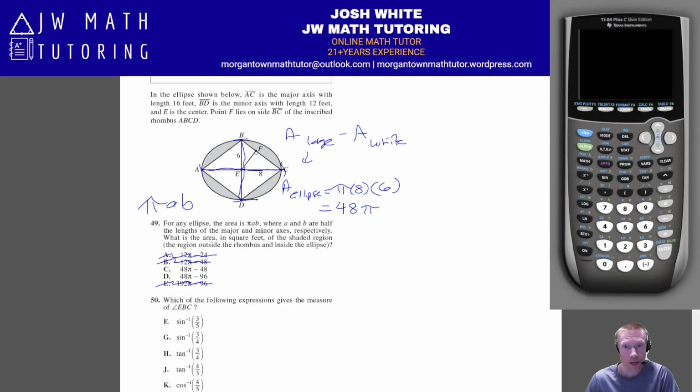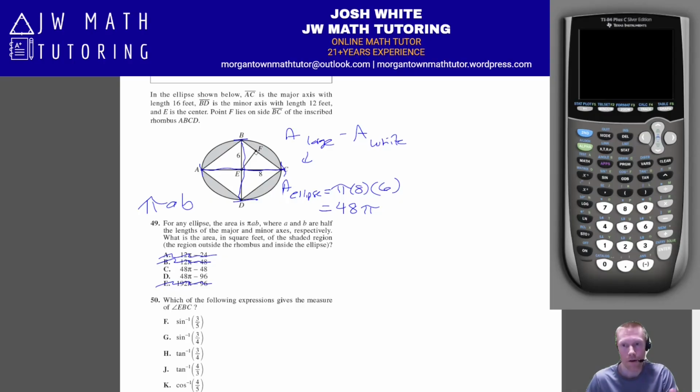Now, for the area of the rhombus, there are technically 2 different ways that you could do it. Well, actually, I guess there's really technically like 3 different ways you could do it.